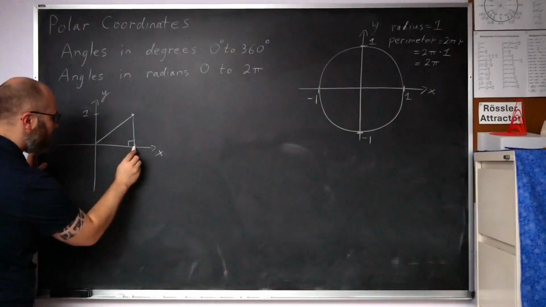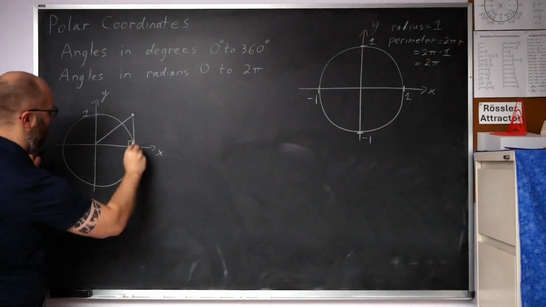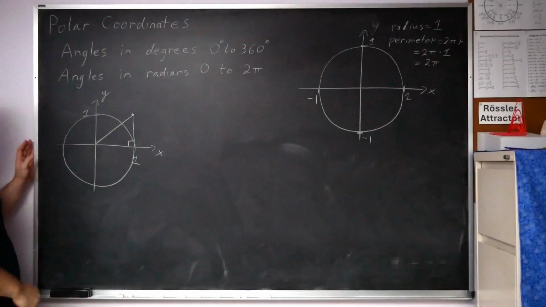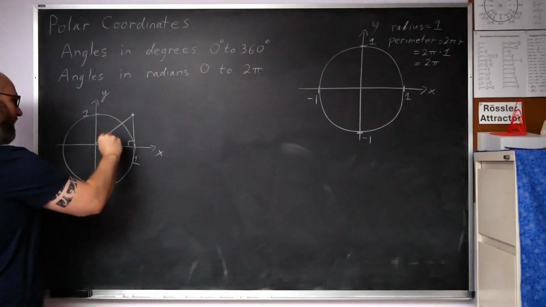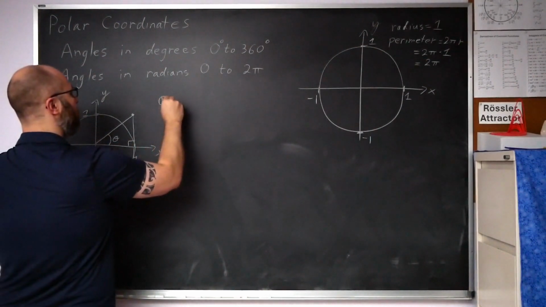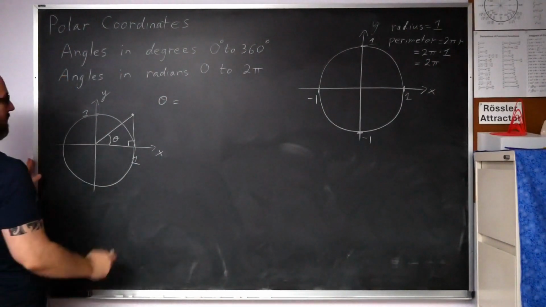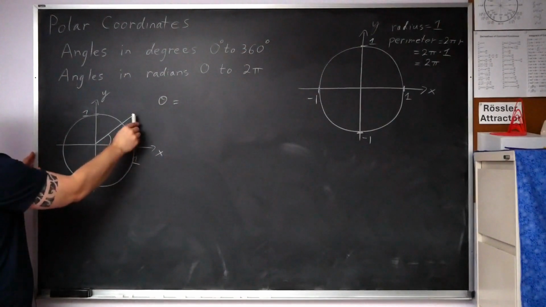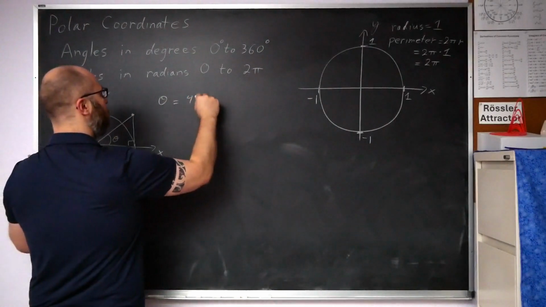Let's see how well I can draw. That worked out okay-ish. In degrees, this angle here, I'll call it theta, is going to be a 45 degree angle, because this length here is 1 and this height here is 1, so it's a 45 degree triangle.